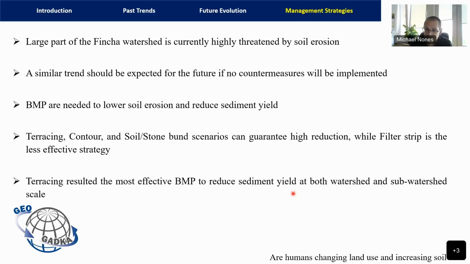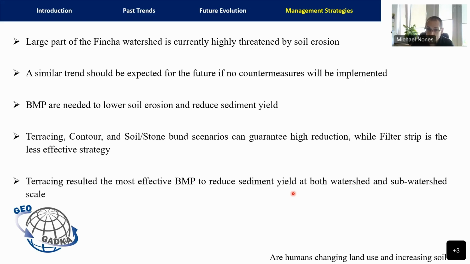So in this case, soil loss plays a major role in the local socioeconomy. We look at the past condition, we observe this erosion, we try to simulate for the future, and the trend is more or less the same, especially if no countermeasures are implemented.